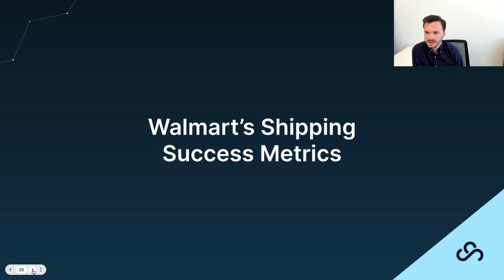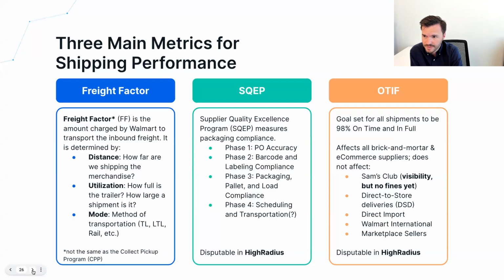So LTL is a necessary evil. And same thing with consolidation. It's all just reacting to the messiness of the reality that FTL is not what every shipment can look like for every supplier.